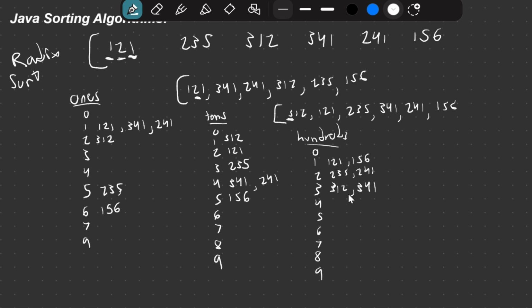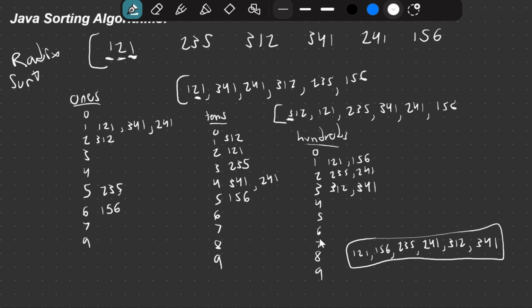Well, now, when we move all these into the final array, 121, 156, 235, 241, 312, 341, we see that is a fully sorted array using radix sort.